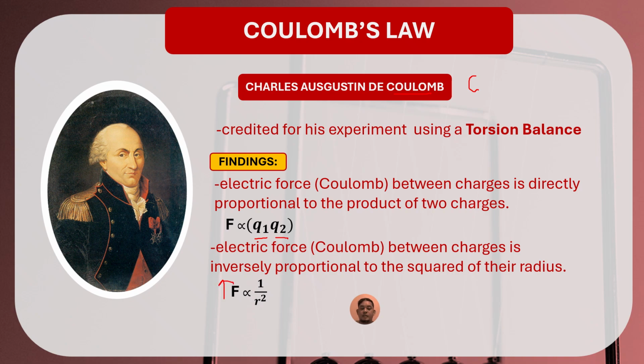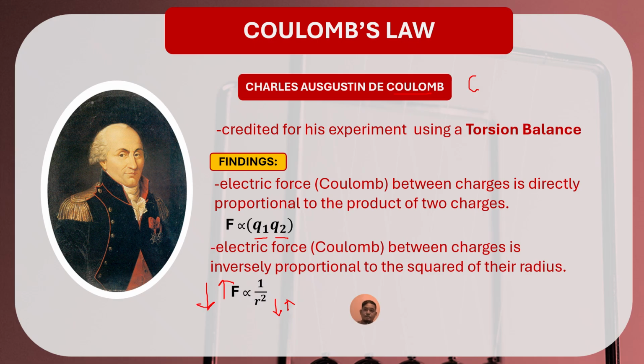Because when we have a shorter distance, it's inversely proportional, so we have greater Coulomb's force. On the other hand, if we have a longer distance, very far from each other, the attraction or repulsion will be weaker and weaker, so we have less Coulomb's force.